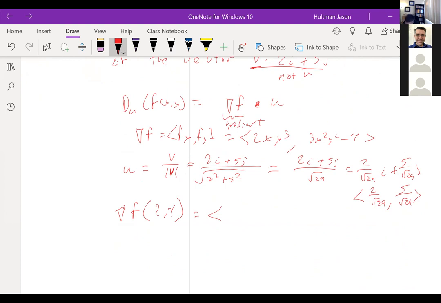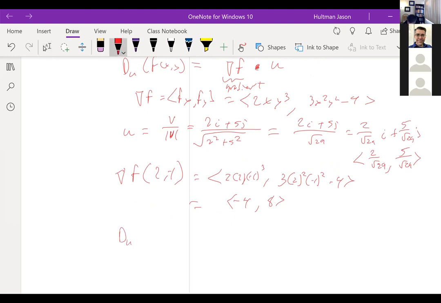That vector is going to be 2 times 2 times -1 cubed, comma, 3 times 2 squared times -1 squared minus 4. So that's 2 times 2, which is -4, comma, 3 times 4, which is 12, minus 4, which is 8. So that's that guy.